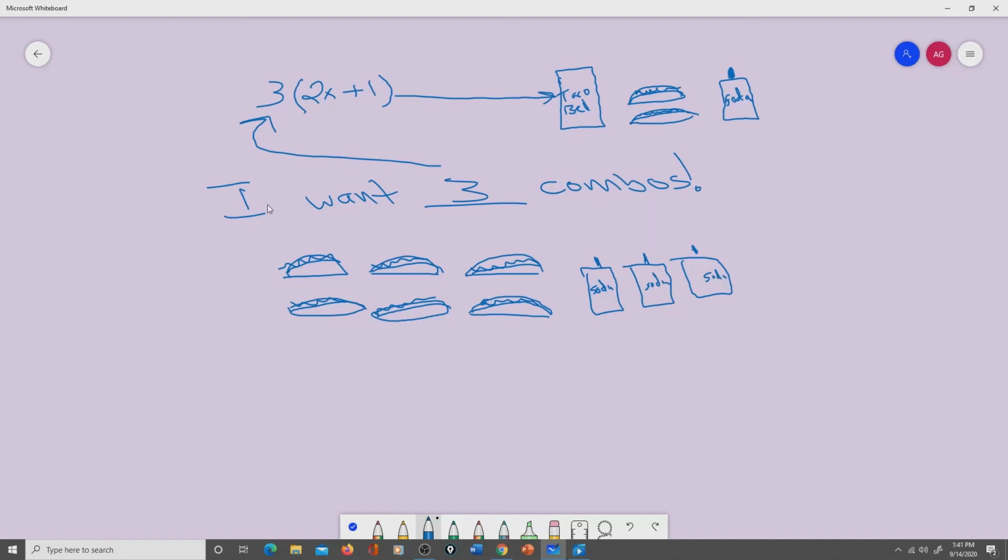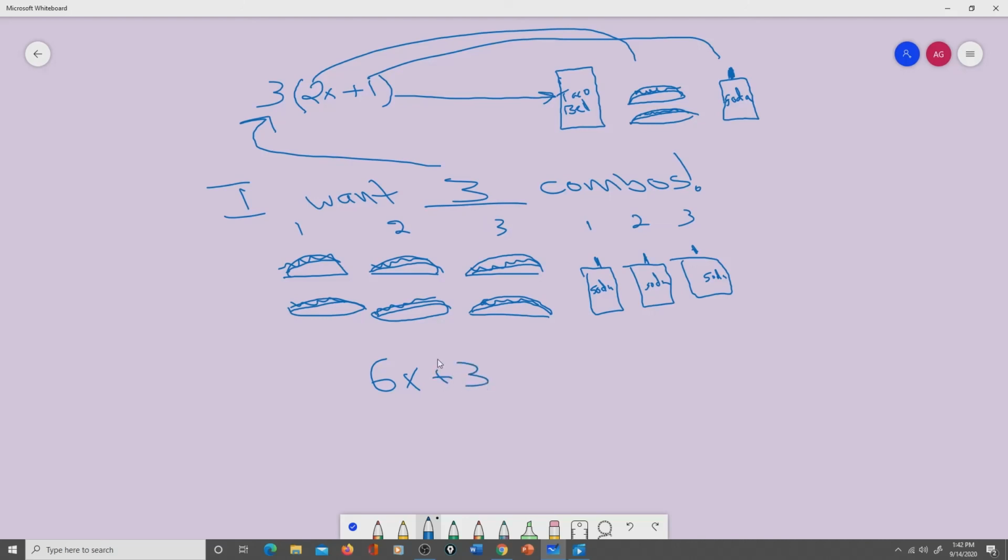So if you think about this, it's like the distributive property. I want 3 of these Taco Bell meals, and the Taco Bell meal is the parentheses. So there's 1 meal, 2 meals, 3 meals, but in total I get 6x, or 6 tacos. And in a regular meal I get 1 drink, but in this I got 1, 2, 3 drinks.